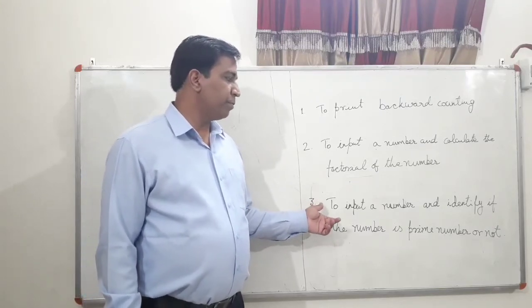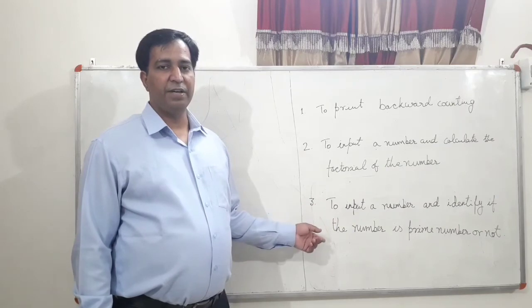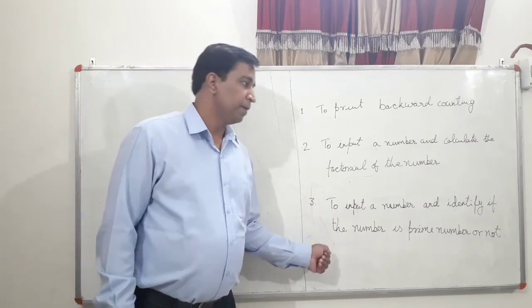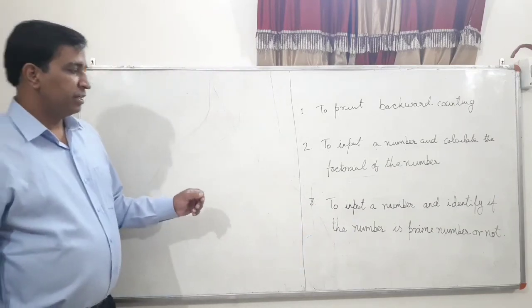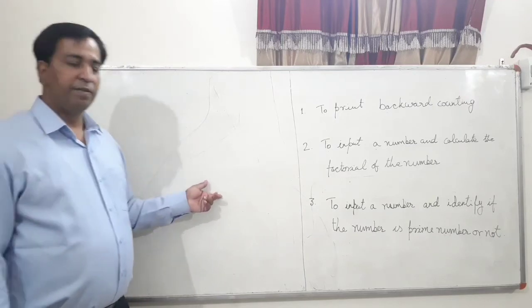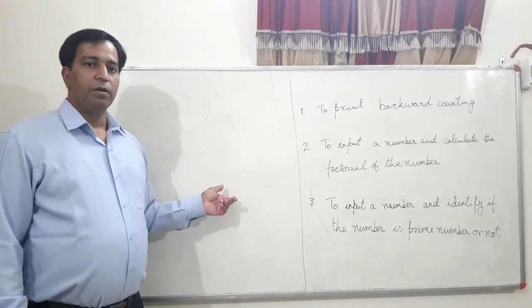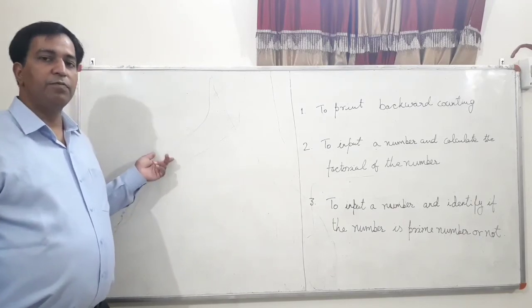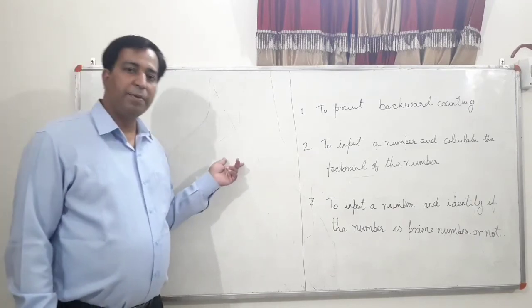Third program is to input a number and identify if that number is a prime number or not. Now for this program we will run such a loop that will check the divisibility of the number by numbers from 2 to number minus 1.